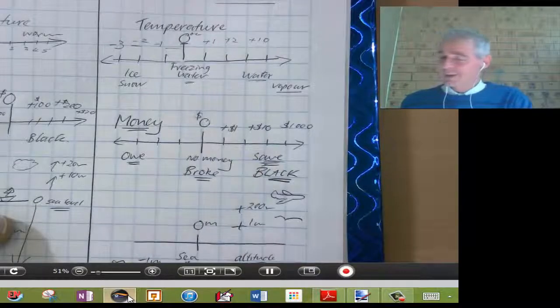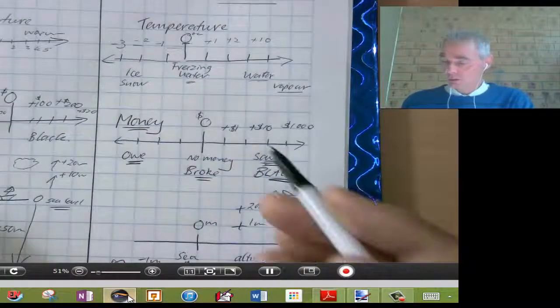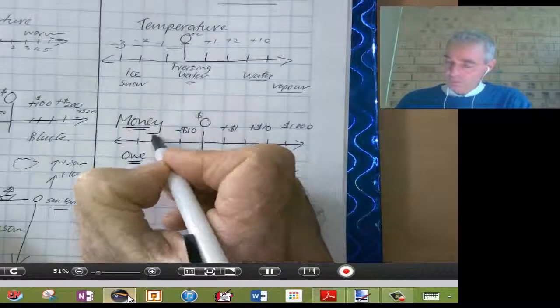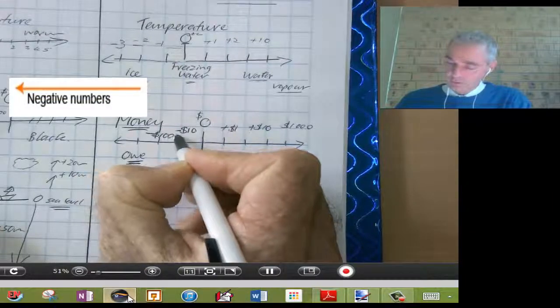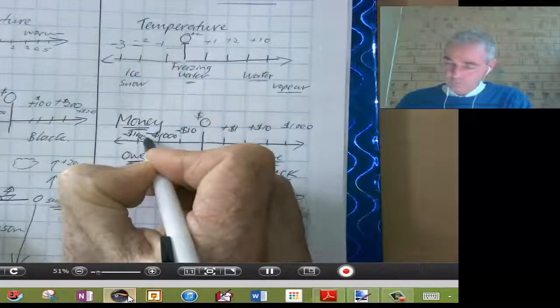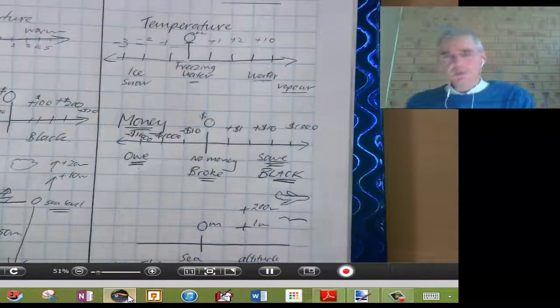money. However, if you owe money, if someone has given you some and you've got to give it back, you are minus maybe $10, minus $1,000, minus $10,000 that you owe someone. You've got to give that back to them. And that's perfectly okay.